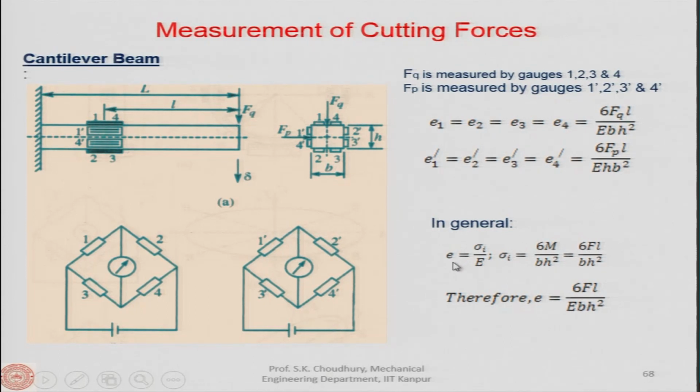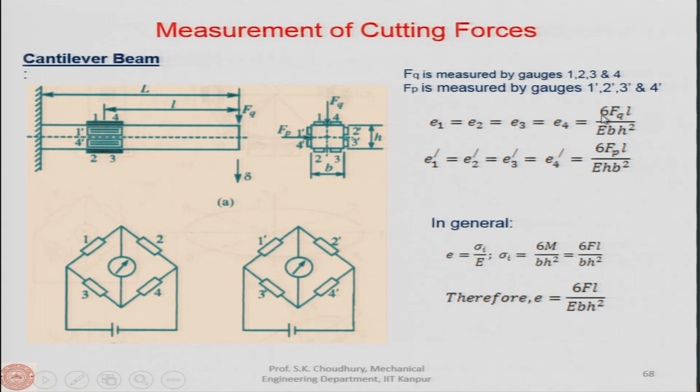So, therefore, the strain can be written as 6 F l divided by E and bh square. We are putting the value of the sigma here. This formula we are using to find out the E1, E2, E3 and E4 strain shown by the Wheatstone bridge, which is here.